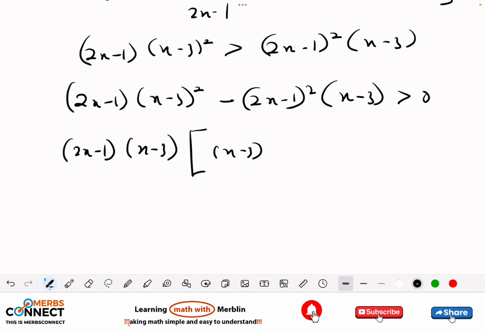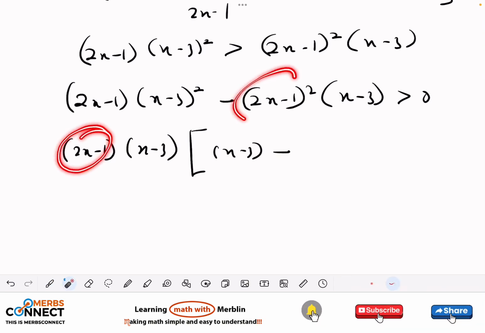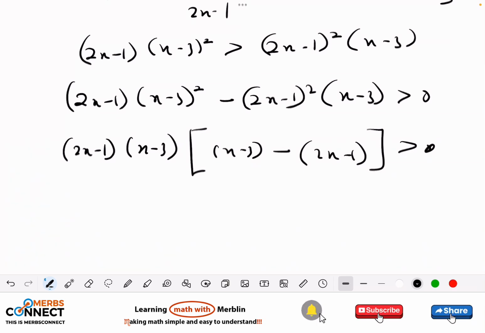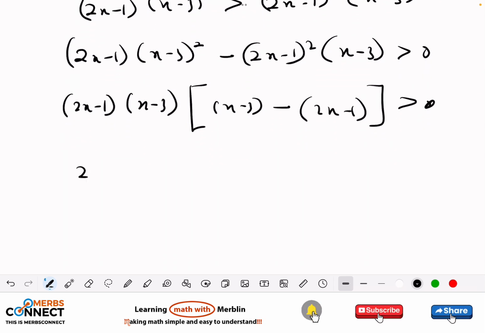Good. Then minus, when I factor one of this out, it will be left with 2x minus 1. But when I factor this one out, nothing will be left there. So I'm going to have something like this greater than 0. Right. So 2x minus 1, x minus 3, right?